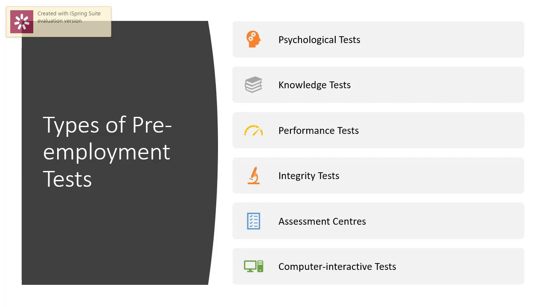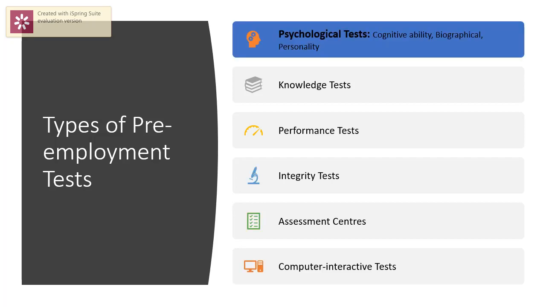The first and the most common type of test that is conducted throughout the world, both in the private sector and in the public sector, in the manufacturing and services industry, is the psychological test and its subcategories.